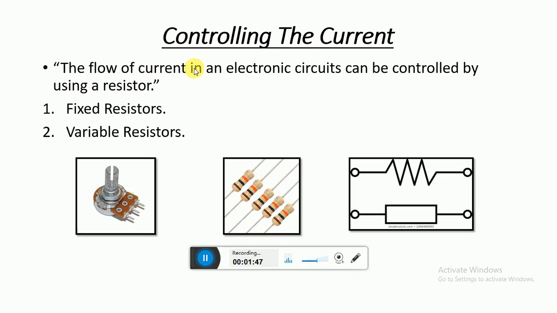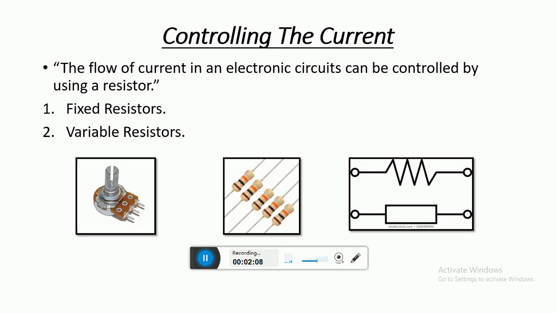The flow of current in electric or electronic circuits can be controlled by using resistors. There are two major types: fixed resistor.